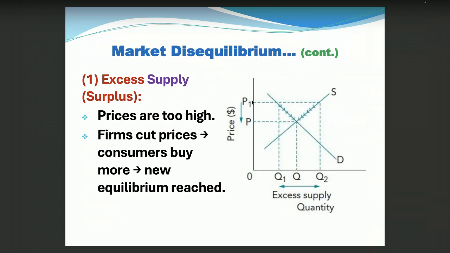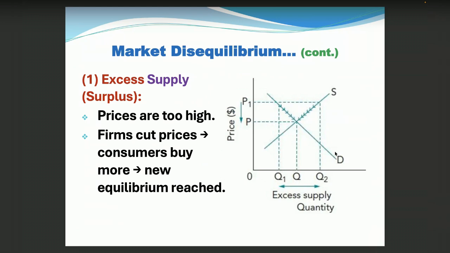But since prices are too high, consumers, on the other hand, have an incentive to buy less. They will say, it's too expensive, I will buy it once it gets much cheaper. Because of that, we'll have too little demand but too much supply at this point. And the gap between Q1, our quantity demanded, and Q2, our quantity supplied, will be our excess supply, additional units that are not being sold.